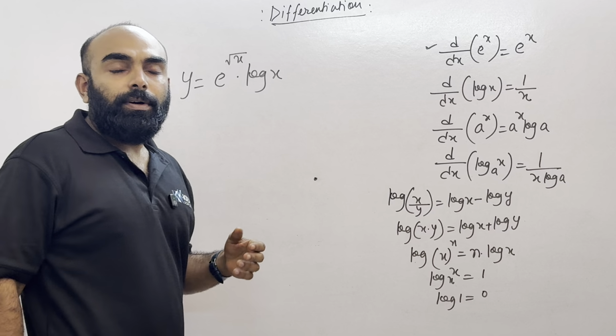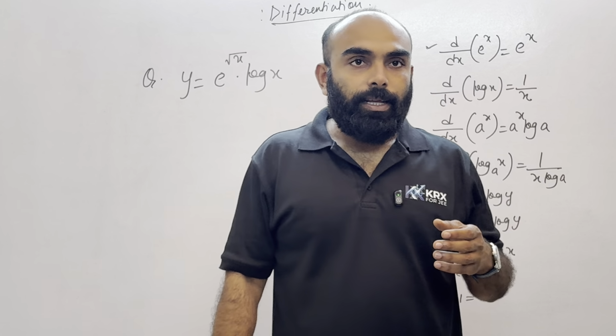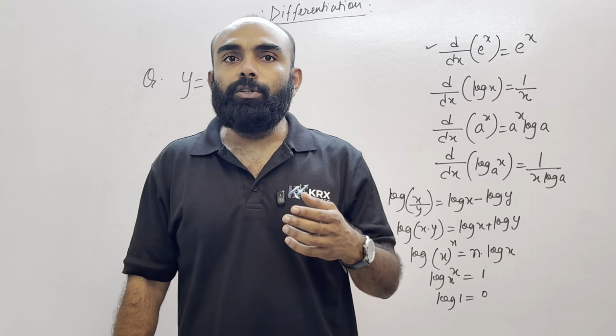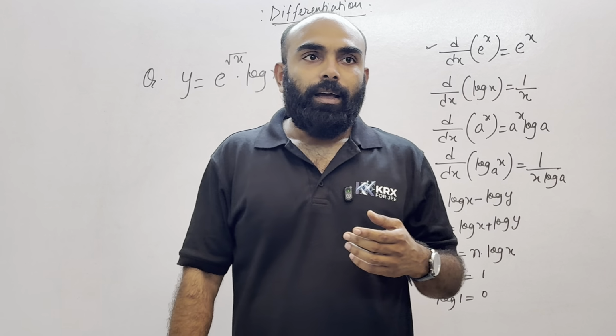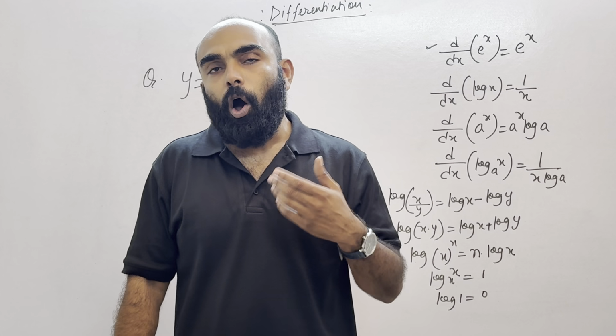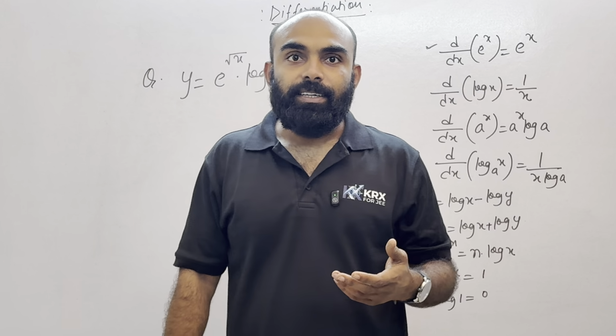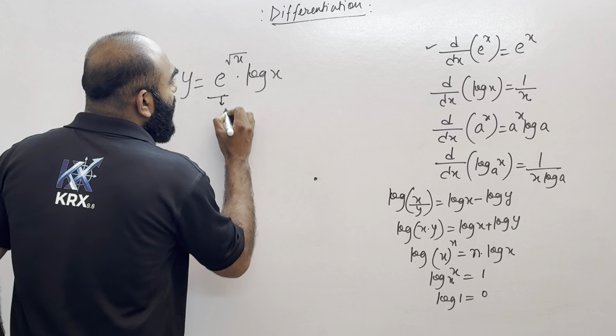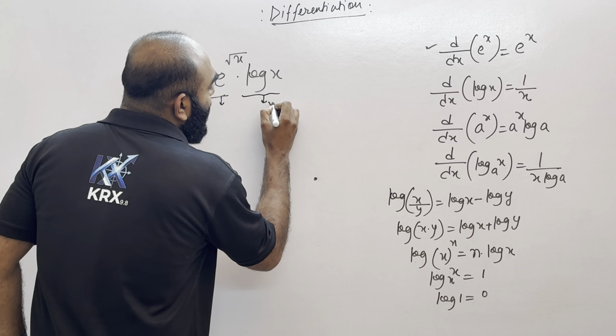See, I told you, whenever there is u dot v or u by v, at that time we are not going to use the substitution method like t is equal to something. We always use the direct method. Here there is an exponential function that I call u, and this is my logarithmic function, so we call it v.